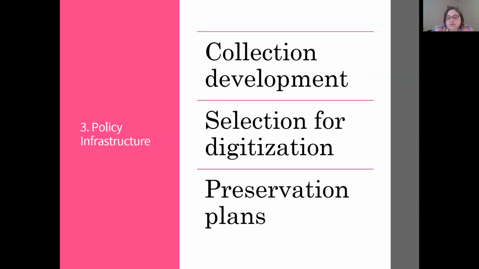So our third facet is the policy infrastructure piece, which only has 3 subsections, but this is a very meaty section. The first one is going to be collection development. There's usually a lot of work that institutions need to do in the collection development area for their digital collections.